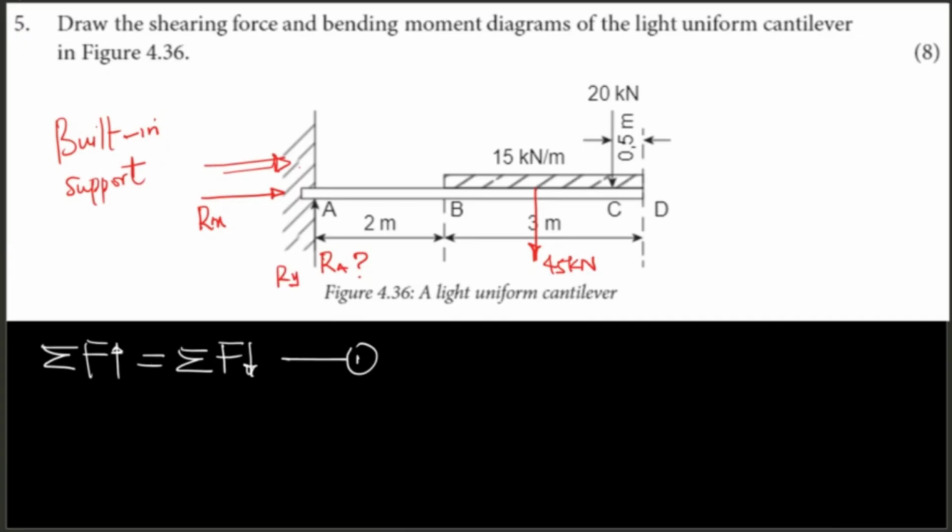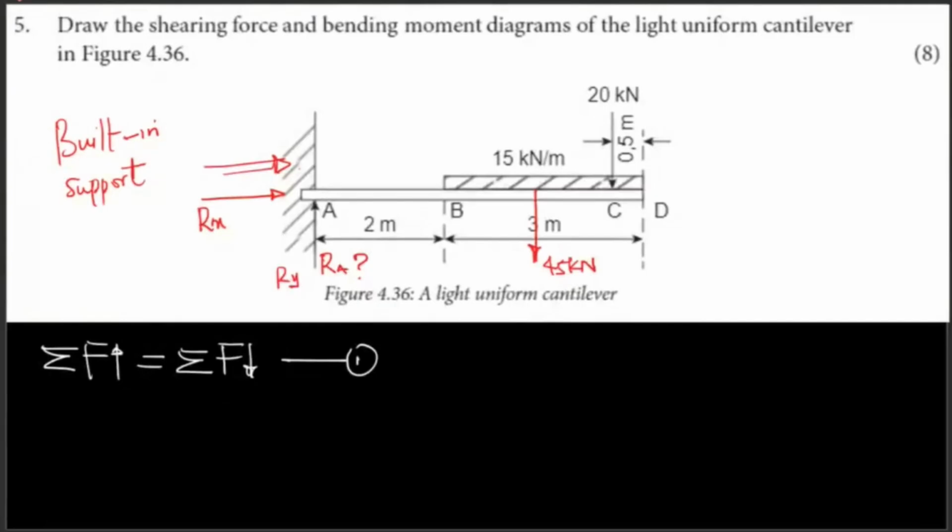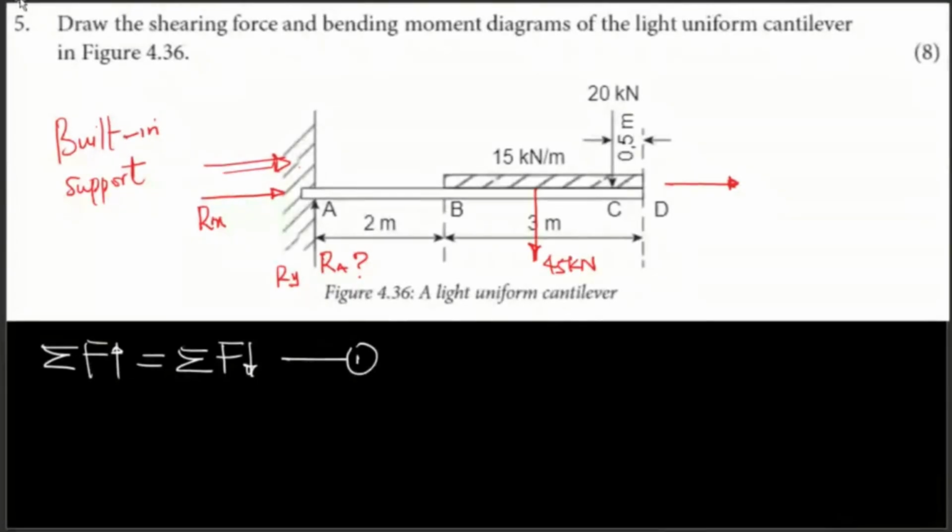Whenever there is a built-in support, there is a vertical and horizontal reaction because the beam cannot move along this axis, and it also cannot move vertically except if you want to break the beam. So we have a resistance in the x direction and in the y direction. But for now, they just put that force there of Ry.